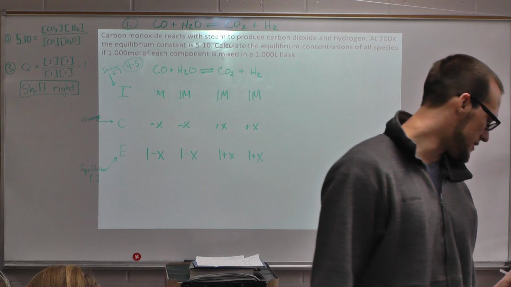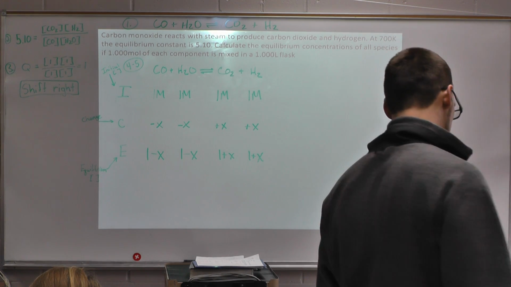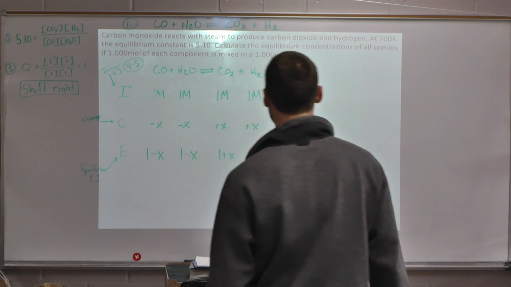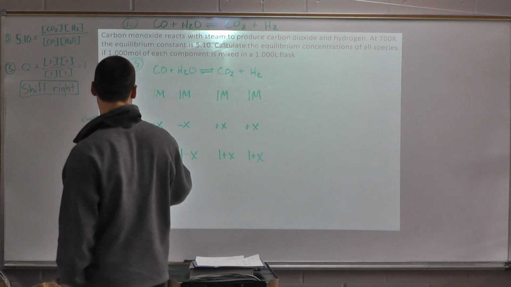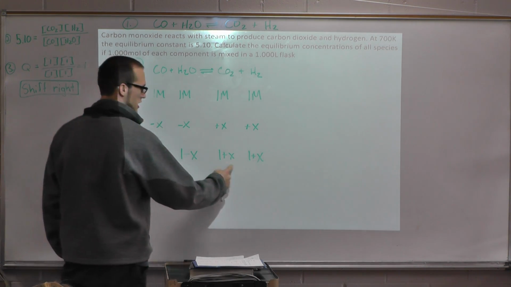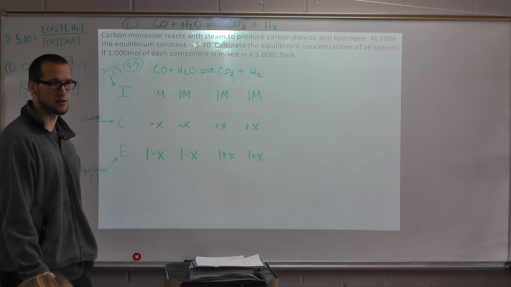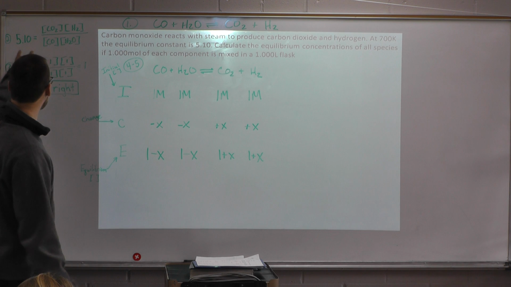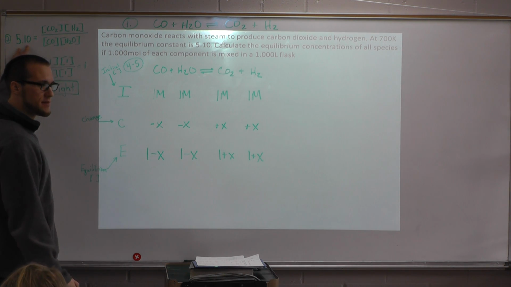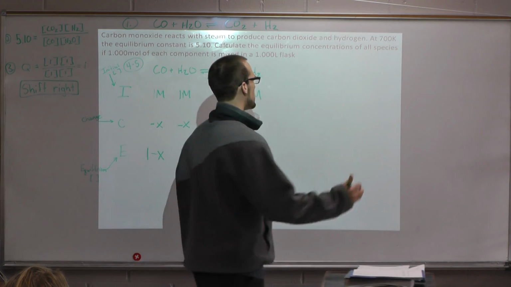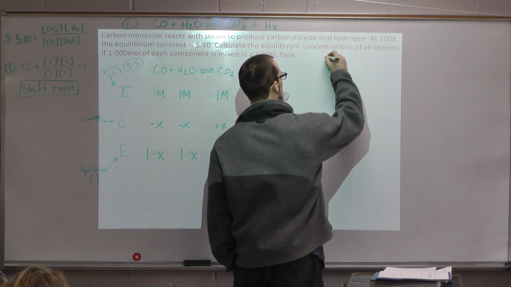Step 6 says substitute the equilibrium concentrations into the equilibrium expression and solve. This is the mathematical equation that represents the equilibrium concentrations, and since we know the constant, 5.1, we can substitute those in and solve.